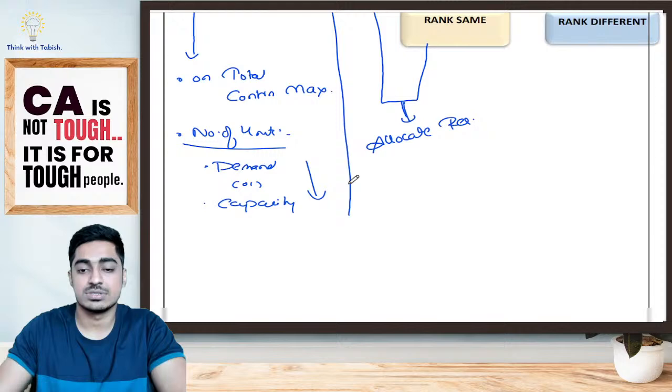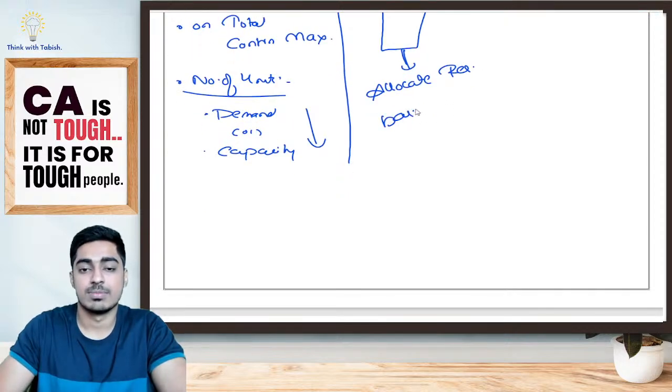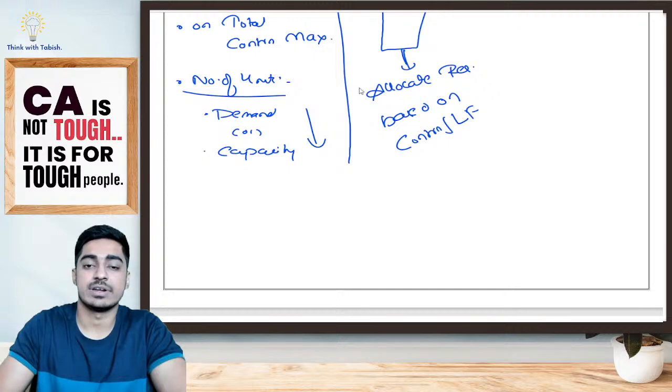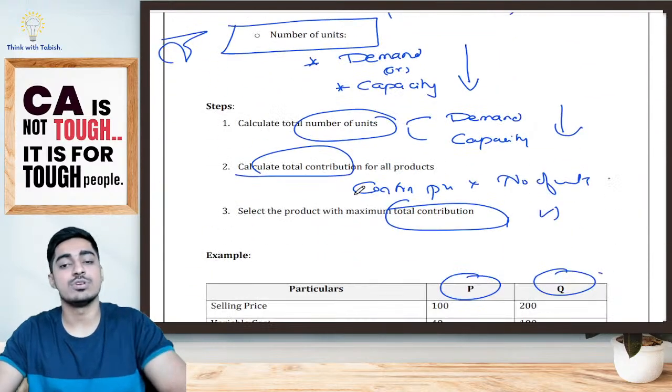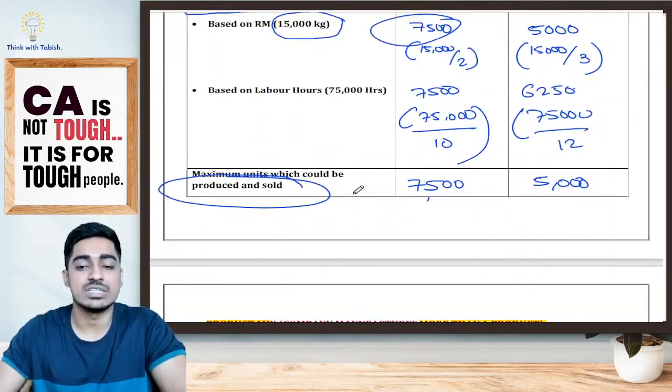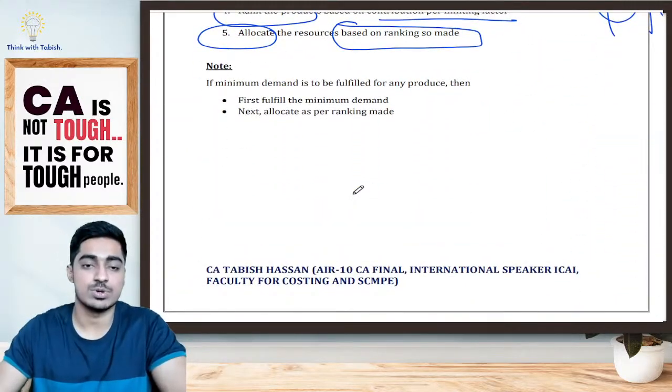Whichever product is having the highest contribution per limiting factor, produce that first. Next product goes next. Next product goes third.